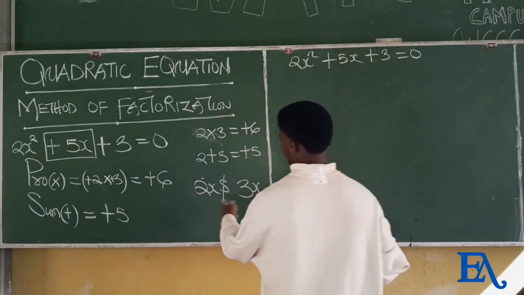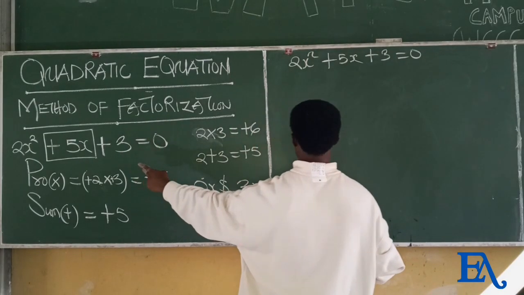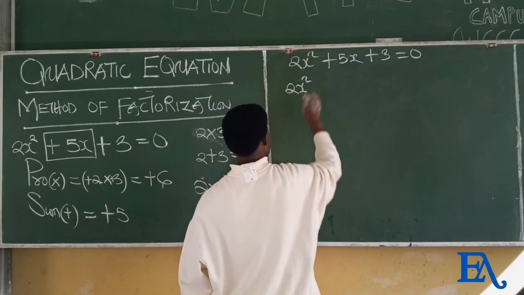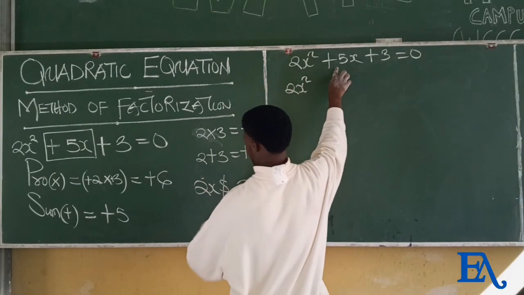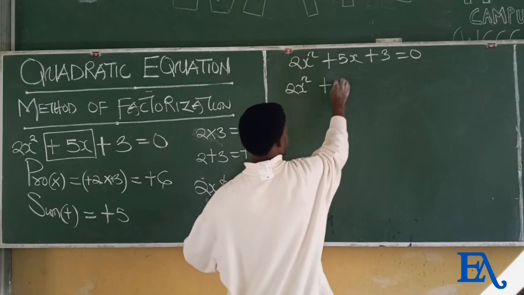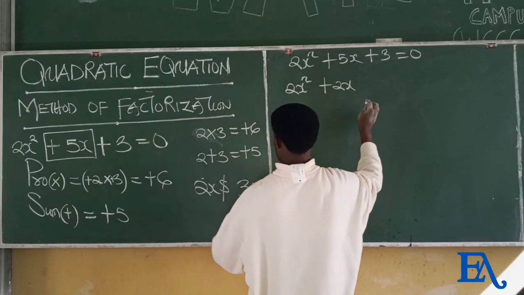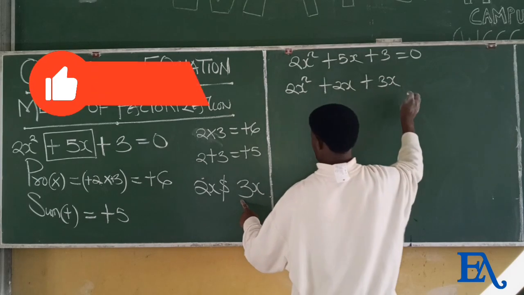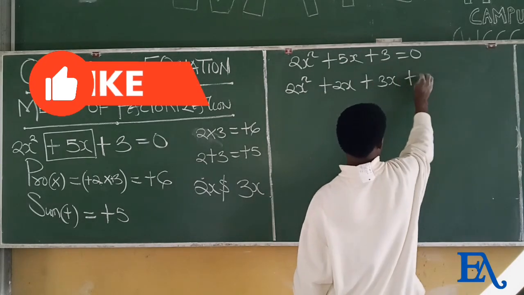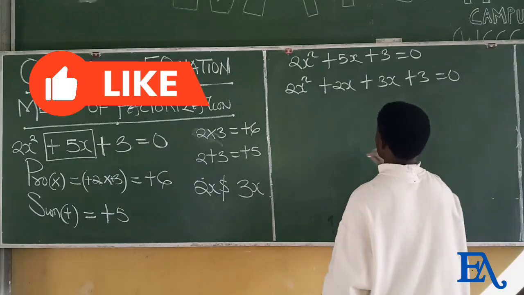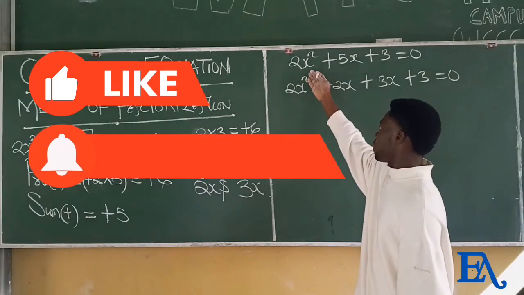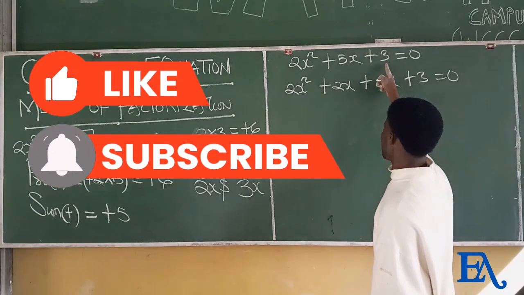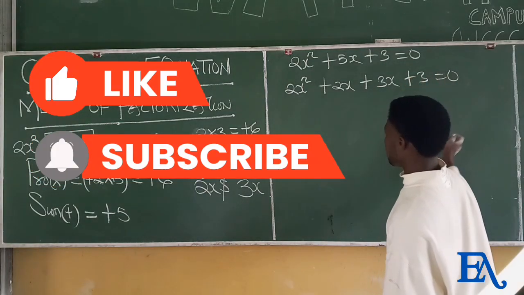By replacing the children in the position of the mother, we have 2x squared, and instead of writing 5x, I will put plus 2x plus 3x, then plus 3 equals 0. That is 2x squared plus the children, then plus 3 equals 0.